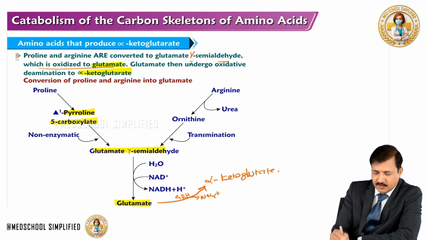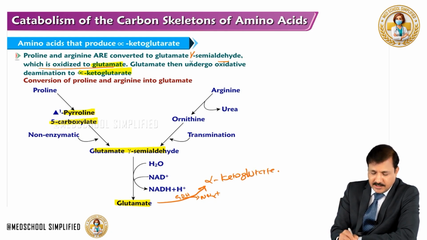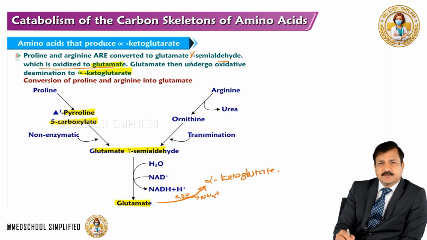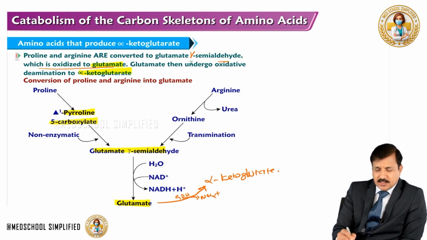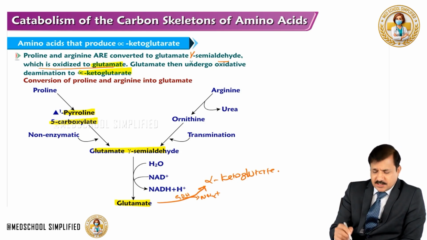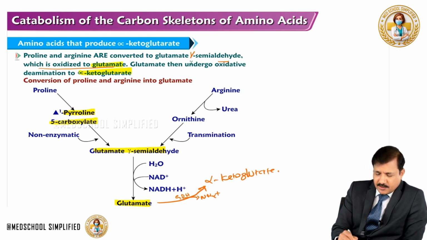That's how alpha-ketoglutarate is made. Or glutamate undergoes a transamination reaction, to transfer its amino group to any other amino acid and become alpha-ketoglutarate.